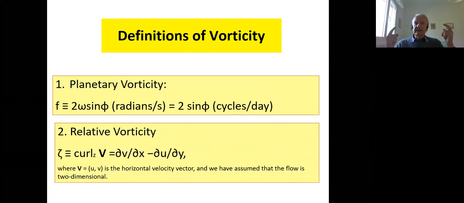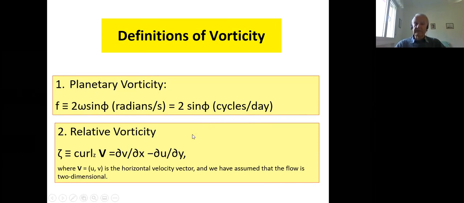Since we are in a rotating system, we have the planetary vorticity, which is proportional to the angular vorticity of the Earth, and it is a function of sin phi, where phi is the latitude where you are. So the planetary vorticity is this thing here, in cycles per day.